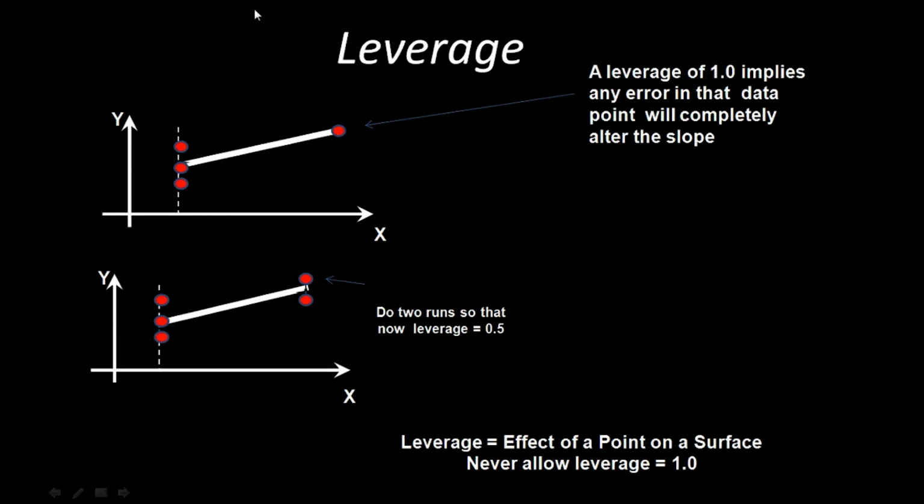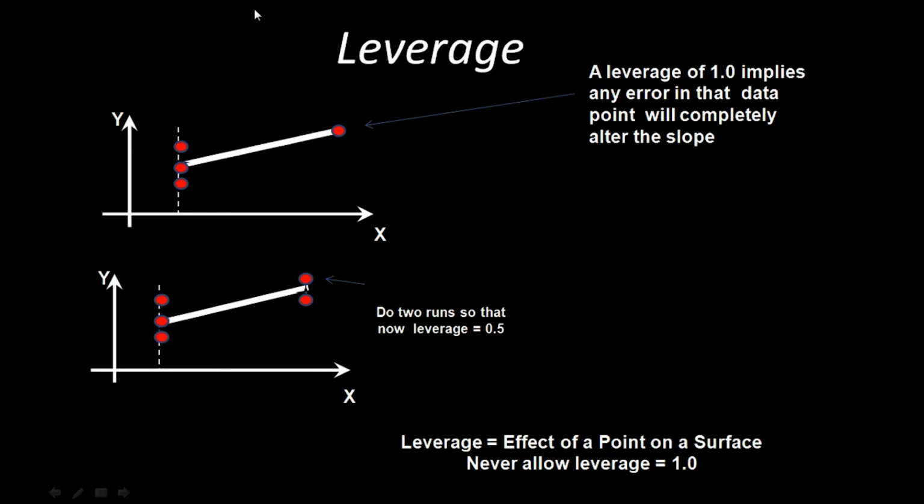So always select a descriptor which is distributed in a certain range if you are trying to develop a QSAR. That is another important point in addition to other points we talked about in selecting descriptors.